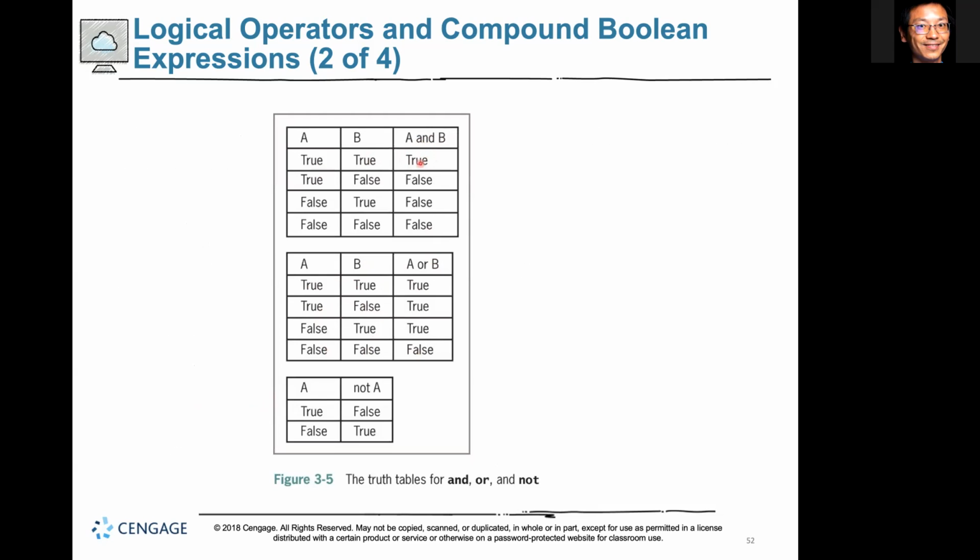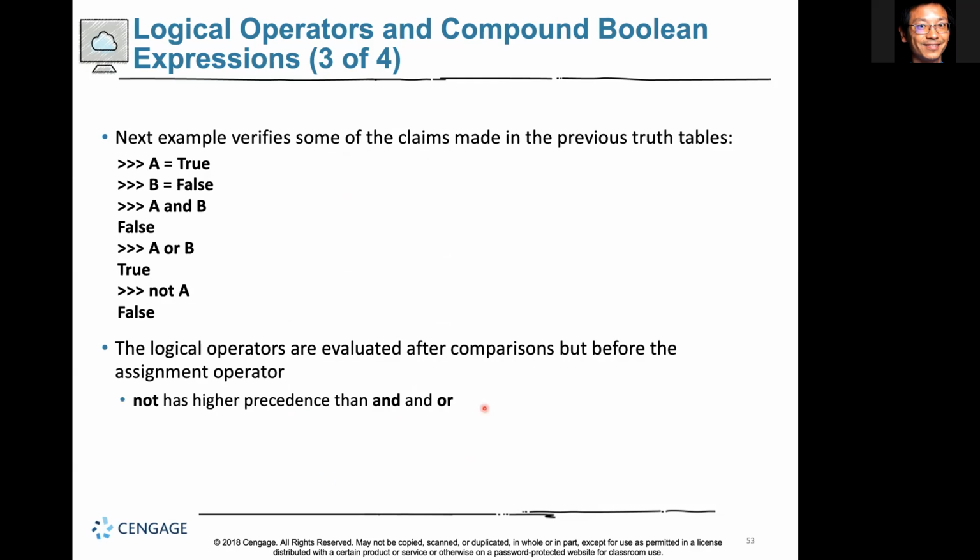See, the only case where it's true is when both are true. Then you also have a logical negation, not. Of course, that's the opposite, right? If you have a true, then the result of not A is false. And likewise for the false case. And so this is very typical. You're going to use your logical operators to make compound expressions.